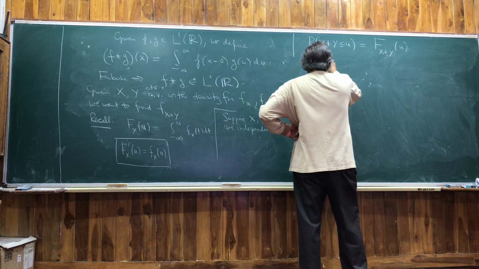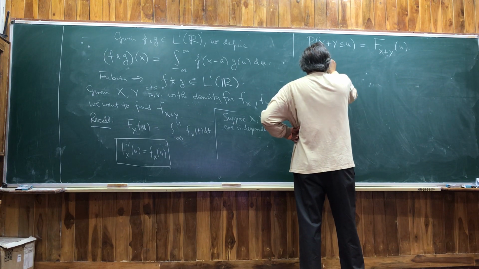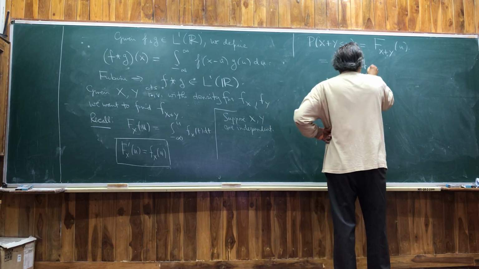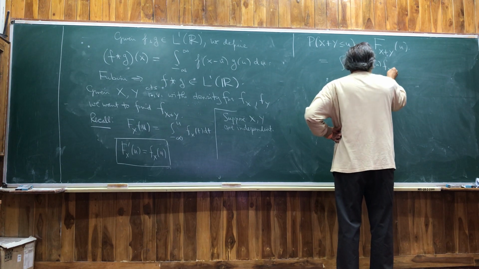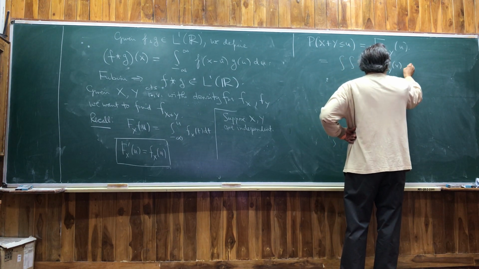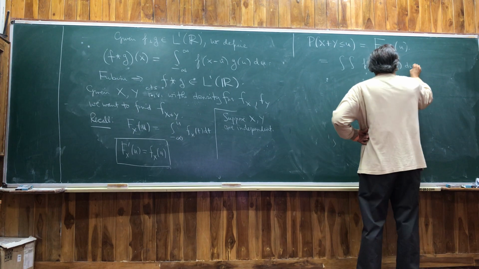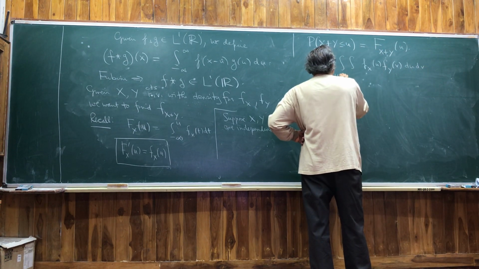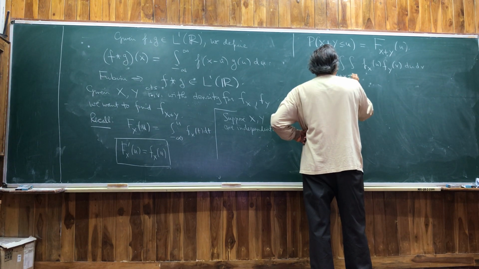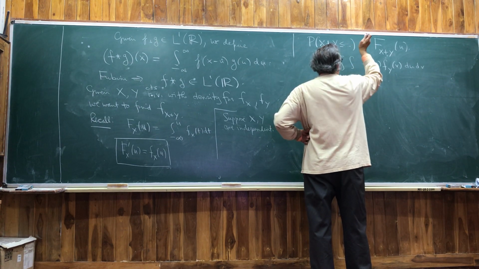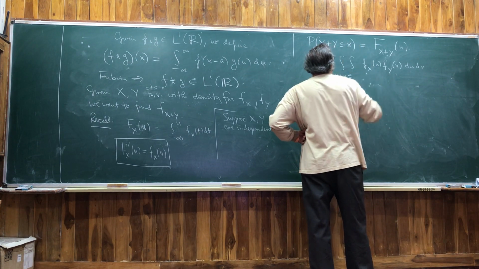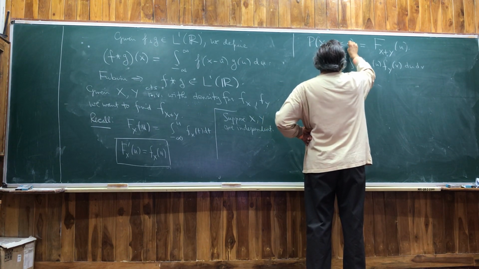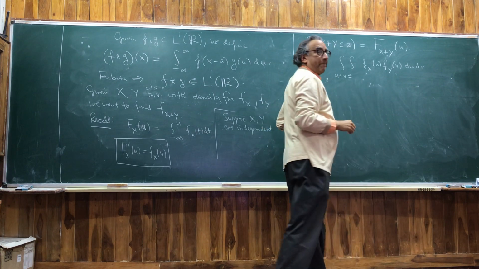So in other words, I'm going to say that this is equal to a double integral of f_x of u, f_y of v, du dv, with the proviso that u plus v is less than or equal to z.